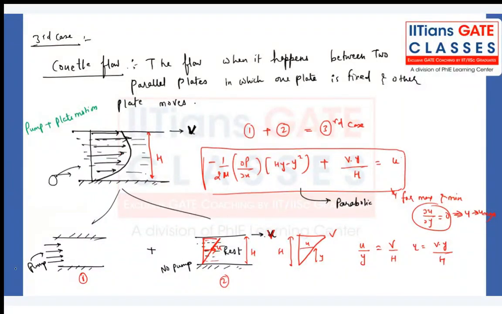So this is the complete picture of Couette flow. In the first chapter, whatever we discussed, we neglected this dou p by dou x. That's why we call it simple Couette flow, because we have not taken the dou p by dou x value. Now here we have dou p by dou x because we are providing it with the help of a pump, as well as the driving force of the plate. The plate is also moving, the pump is also there, so both conditions have to be superimposed.